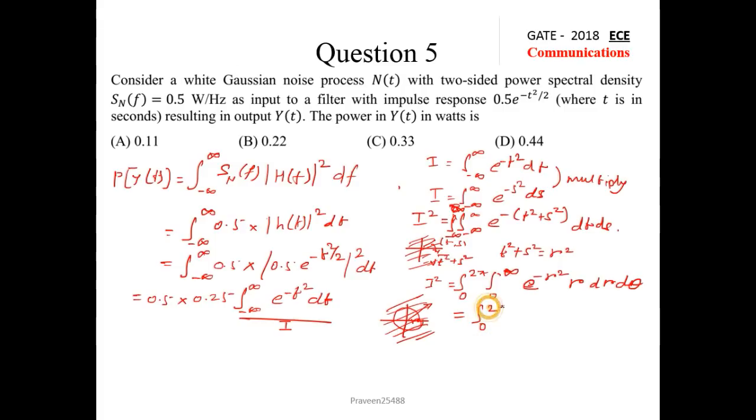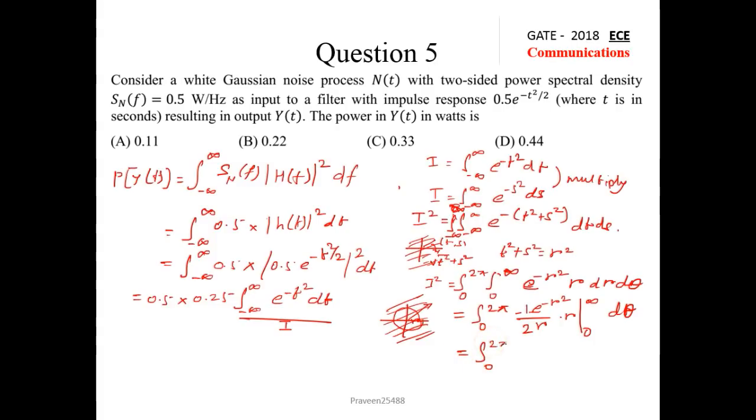So it would be 0 to 2 pi, and this would be first e to the power minus r square, then minus 1 upon 2r, which is multiplied by r, and the range will vary from 0 to infinity, d theta.